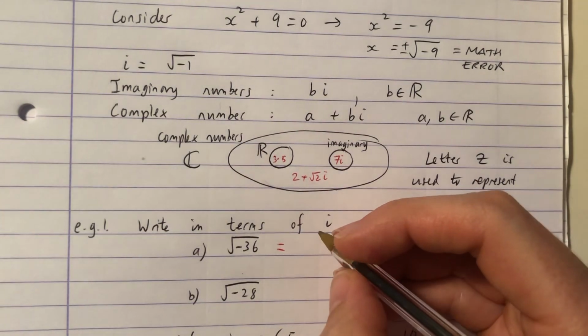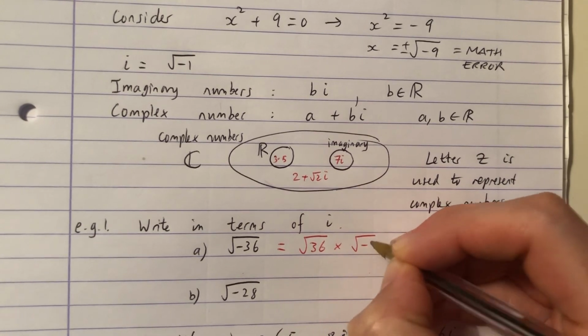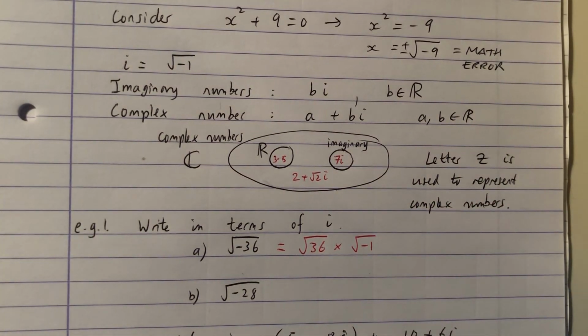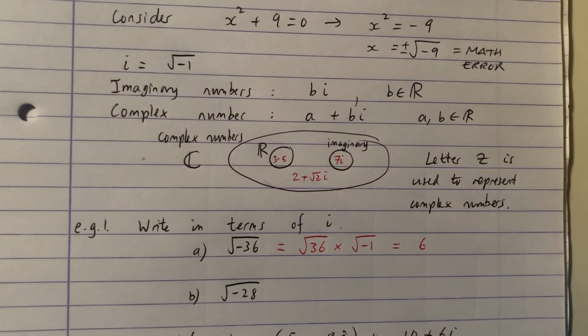And you use a very similar concept with this. So I'm going to write this as root 36 times root minus 1, and then simplify root 36 to 6 and simplify root negative 1 to i. So 6i would be the answer to that square root.